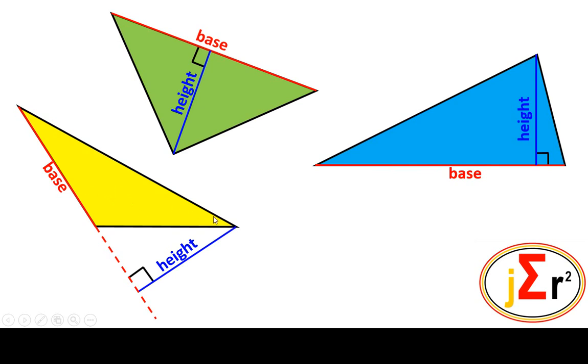So the height has to go to this vertex. If we need to get that height perpendicular to the base, then it will not pass through the base. Therefore, we will have to extend the base as we have seen before. This is not a new occurrence in this audiovisual. Therefore, you should have some understanding of this before now.